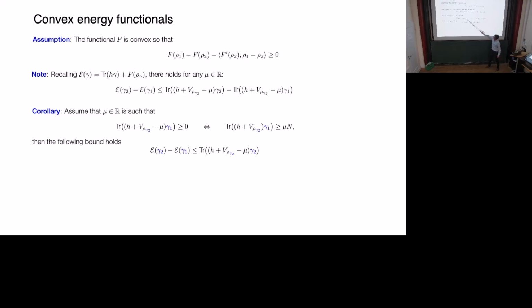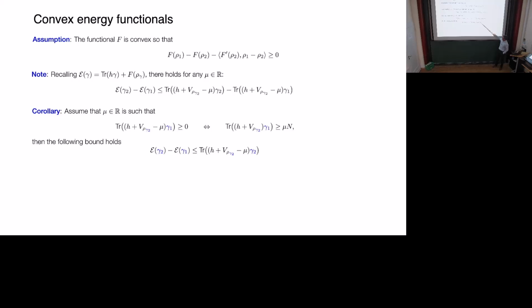But since the trace of gamma 1 is n, you can also rewrite it like this. So you see here also, whatever this number is, whatever n is, you can find this negative. Just choose it negative enough. If this is true, then we can also discard this term, because it's negative.